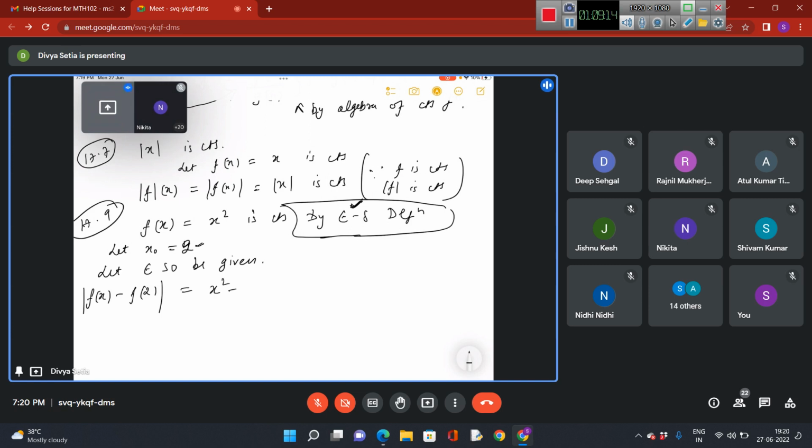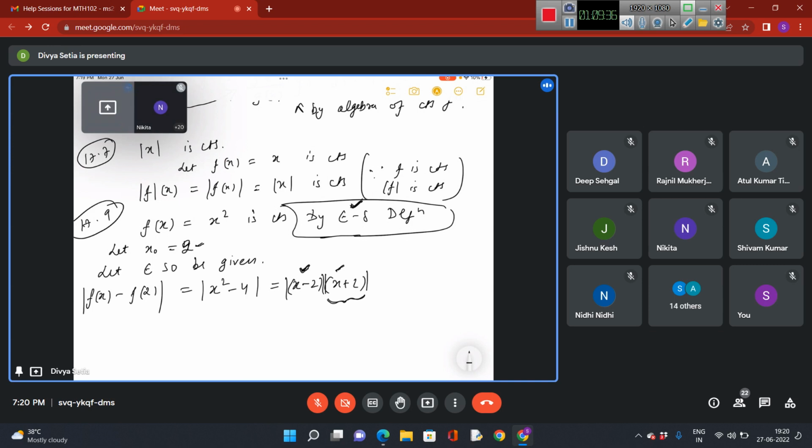Now you have |x square minus 4|. Now what? I just have x minus 2 and x plus 2. I have the quantity |x minus 2|, but along with it I have this number also, and it is dependent on x. How will I get rid of this x?